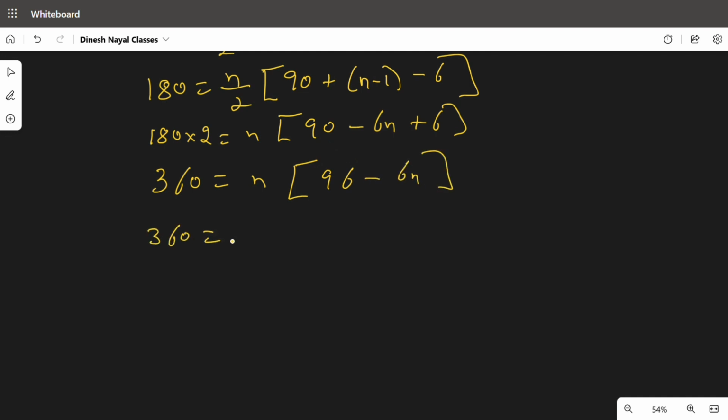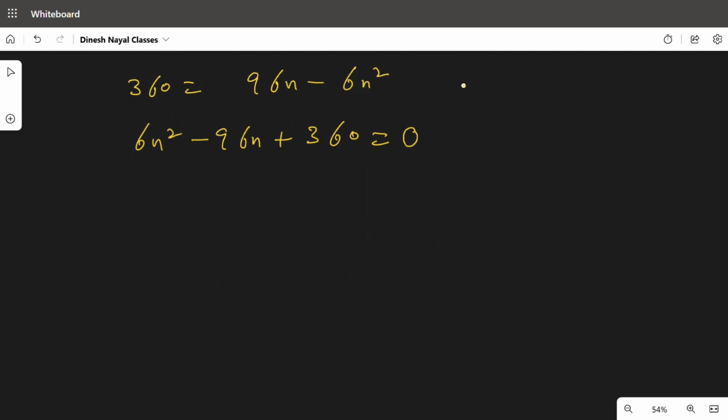Again, you can write 360 equals 96n minus 6n square. Now you take all these terms towards the left-hand side. So minus 6n square will become positive 6n square, this will become minus 96n, plus 360 equals 0.